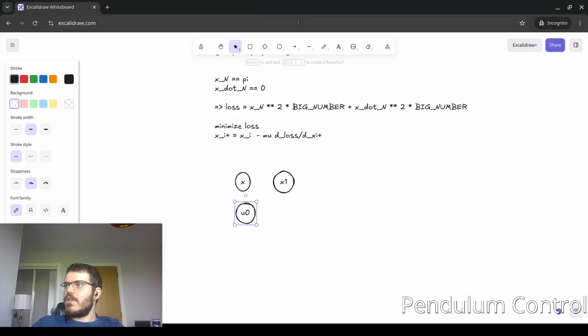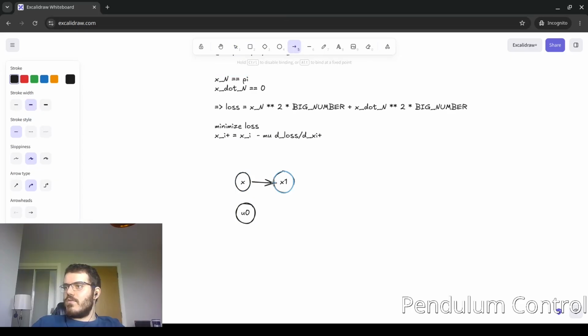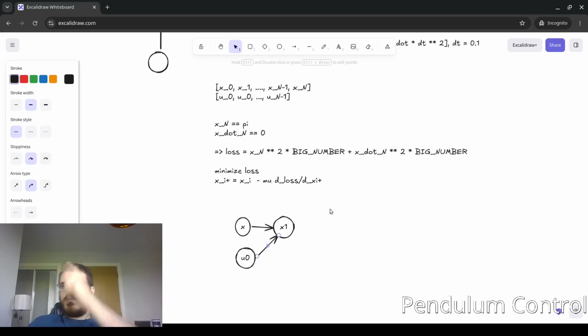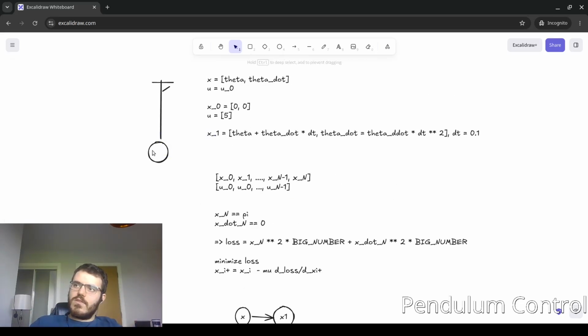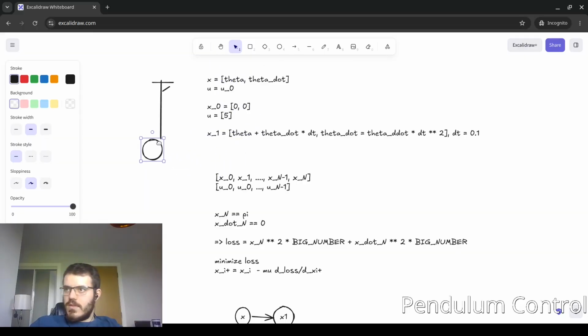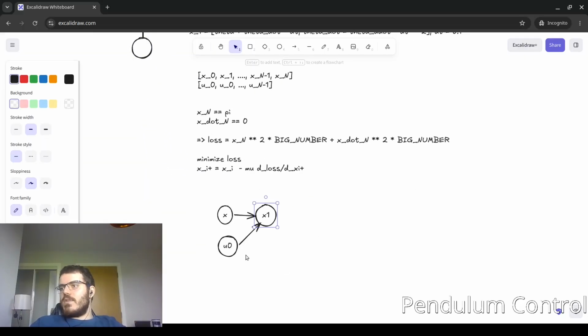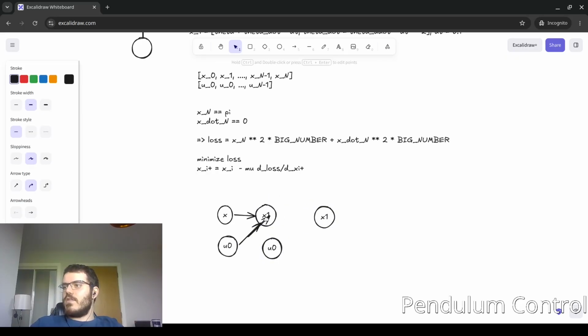Here, this goes to that, and this goes to that, because U pushes the pendulum, right? Here, it swings up, and then that goes to x1, and then I can copy this, and this is the graph that we get.